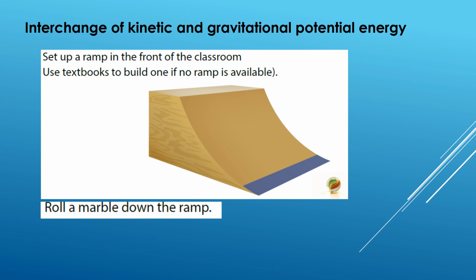Now let us see what happens when we are going to roll a marble down the ramp. So what is the form of energy possessed by the marble at the top of the ramp?